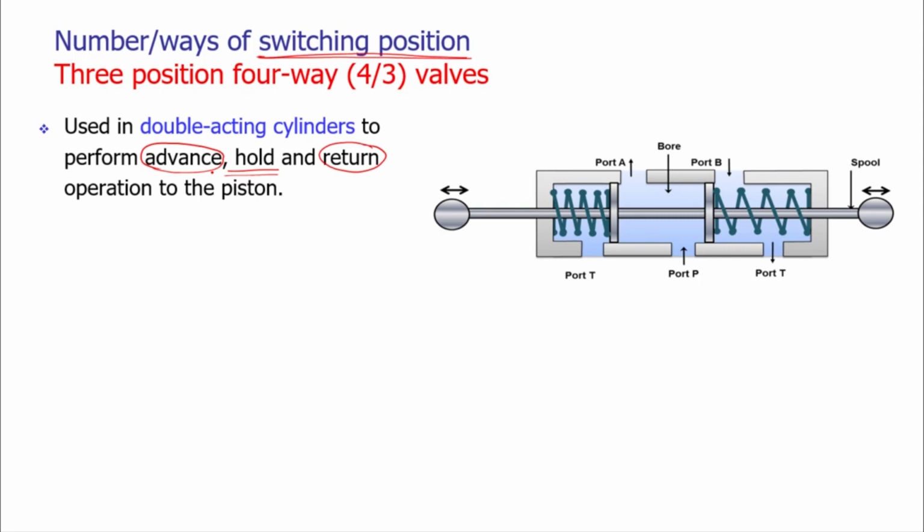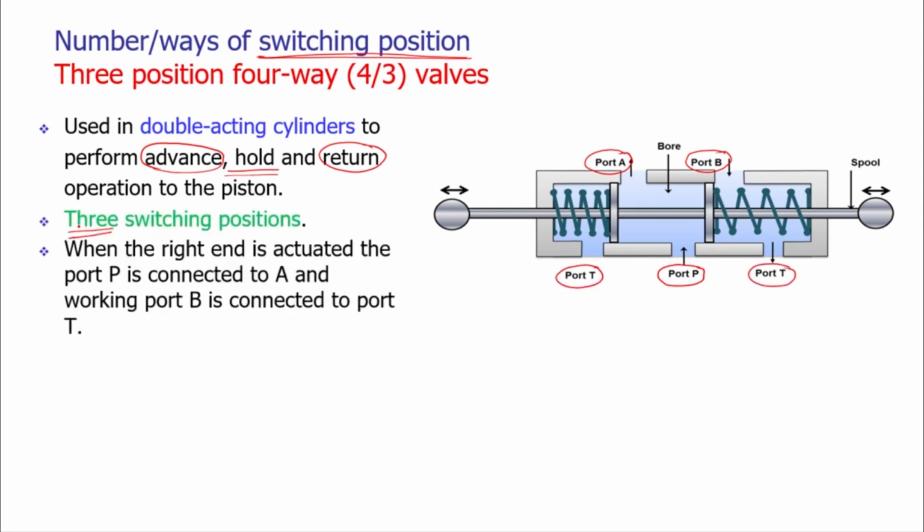Here you can see there are 4 ports. Port A, port B are the application ports. Port P is the pump port or the power port, and the port T is the tank port or the sump port. This configuration provides us the 3 positions.